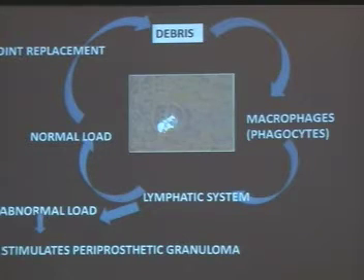The debris, these nanoparticles, are taken up by macrophages, they are phagocytosed. This is one central example showing that the particle is taken up and you see a giant cell reaction all around. These are taken by the lymphatic system of our own body. If the particles are not very loaded, these are thrown out. If there is an abnormal load, the lymphatic system cannot take them, and this stimulates periprosthetic granulomas.